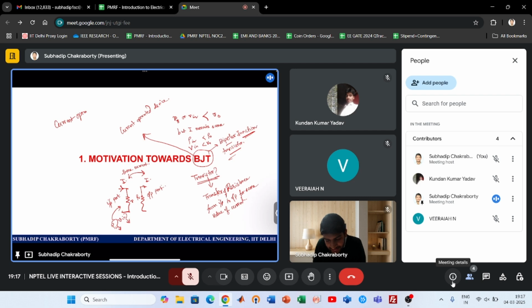So current operated, okay, 3 terminal device with different input and output resistance, and designed to carry same current at output and input, almost same current.